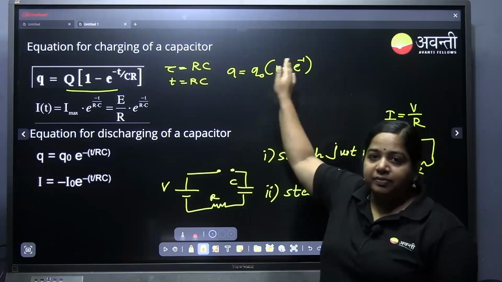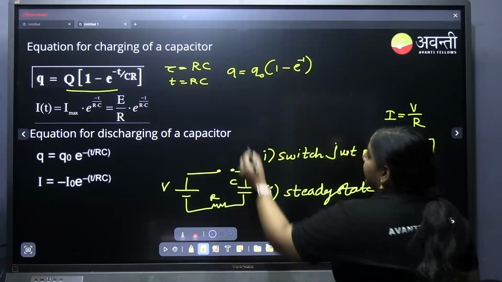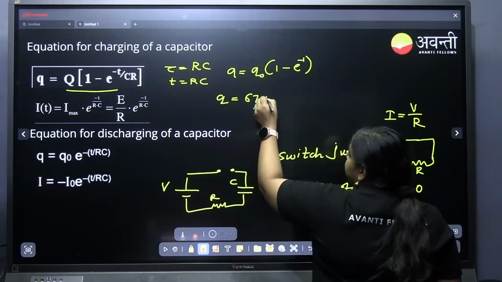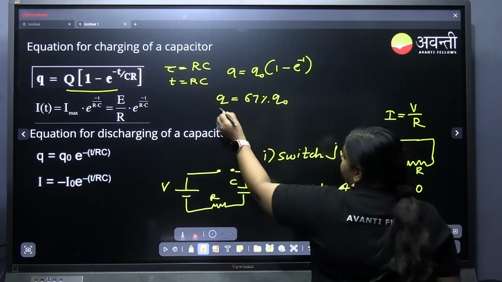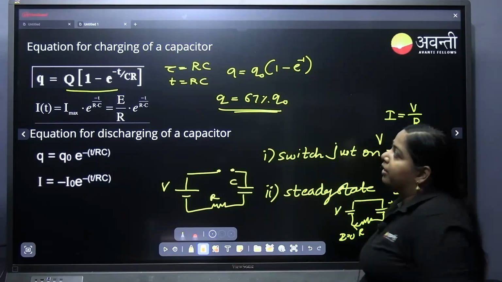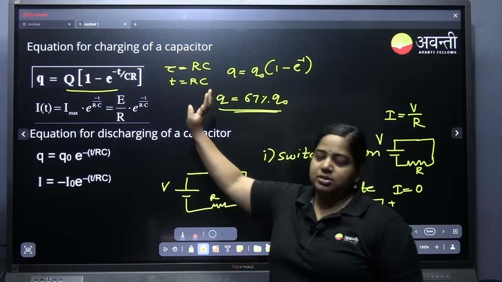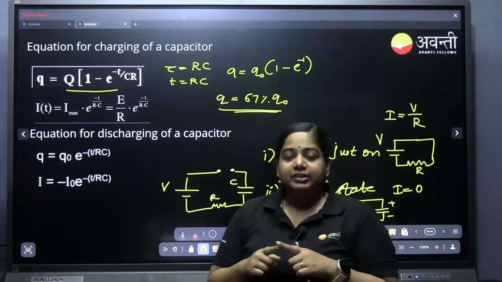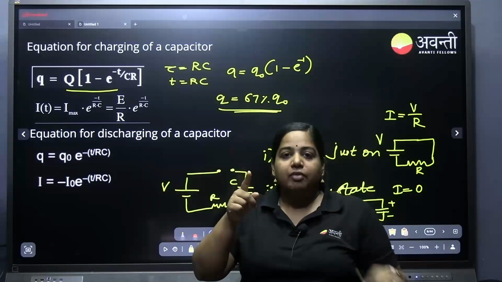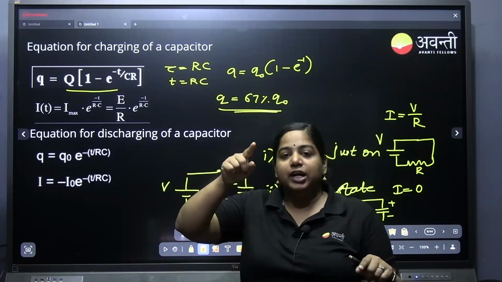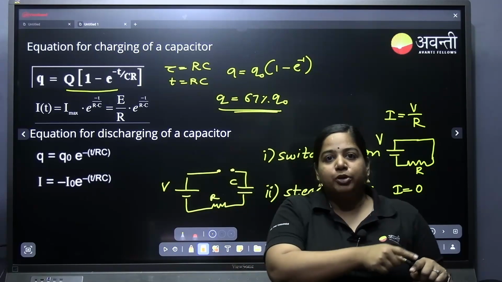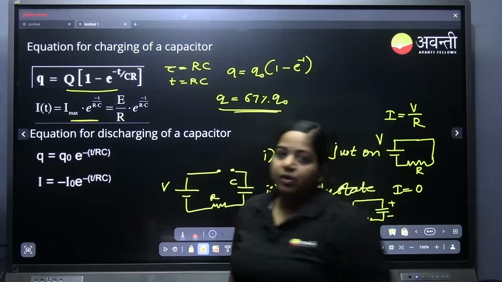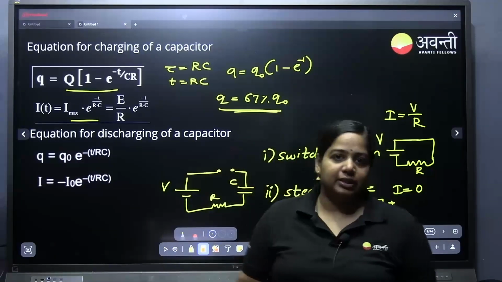This is the same as Q being about 67% of Q naught at this time. That is called the time constant. Again, if you are taking current, first it will be maximum and finally it is 0. So current will start from the maximum value and exponentially decrease. That's why the current equation is this, while charging a capacitor.